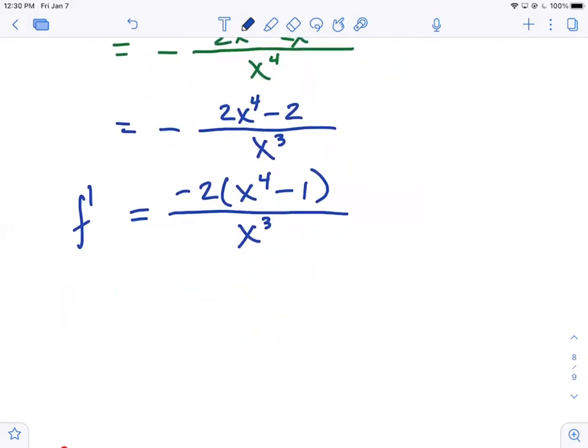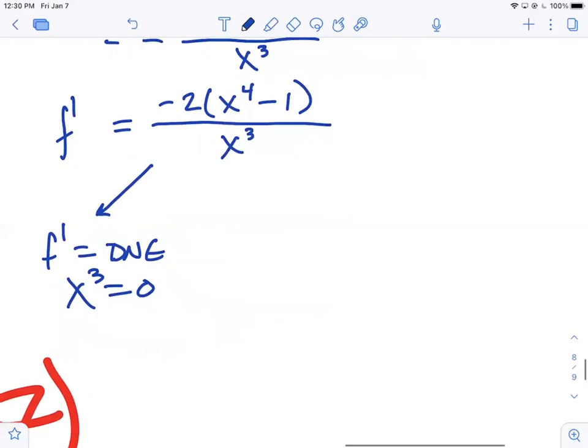So now we'll go down, since we have a quotient, f prime equals DNE when the denominator equals 0. Well, that's when x equals 0. So if you're thorough in finding the values where the derivative is undefined, you might think that x equals 0 is a critical value.